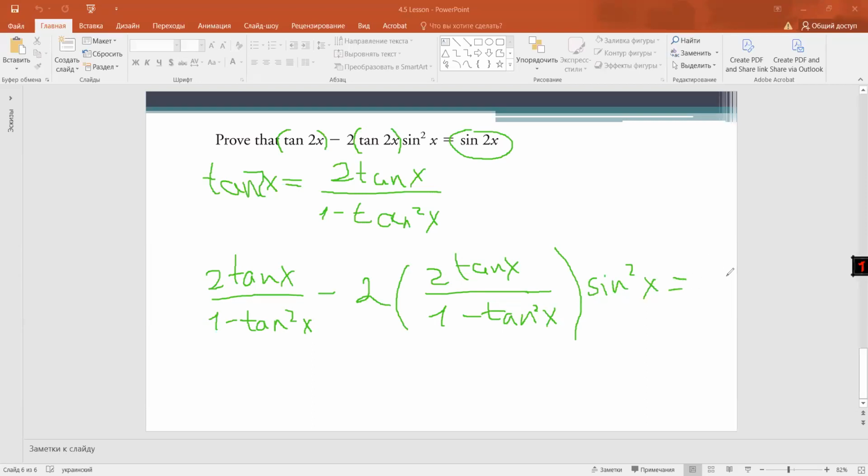And what is the double angle for the sine function? It is 2 sine x times cosine x. Great.